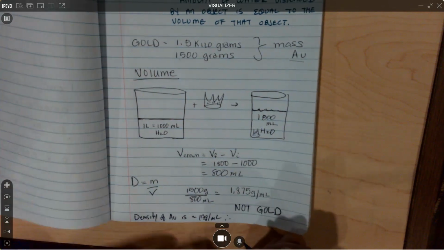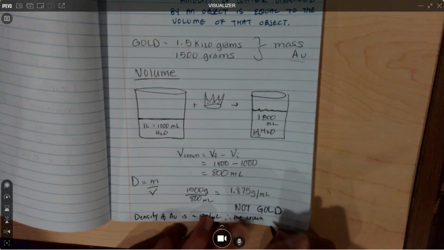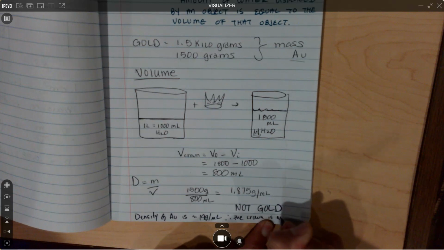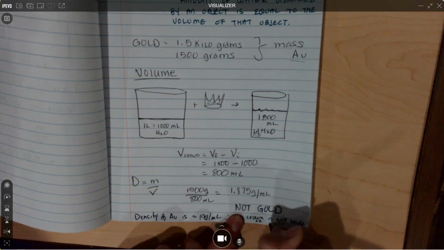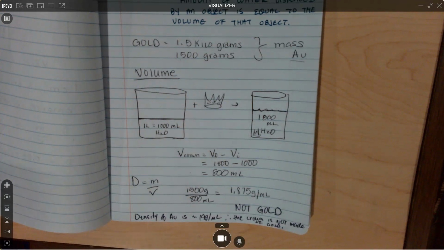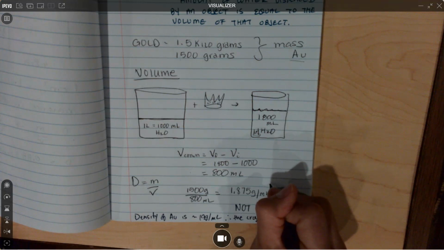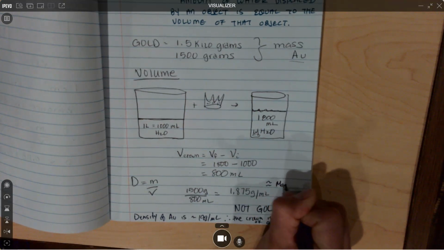Therefore, the crown is not made of gold. And when we compared it to the chart, it could be similar to magnesium.